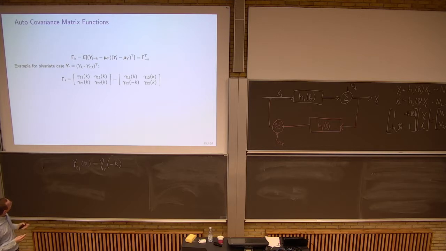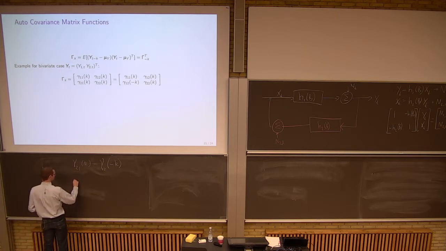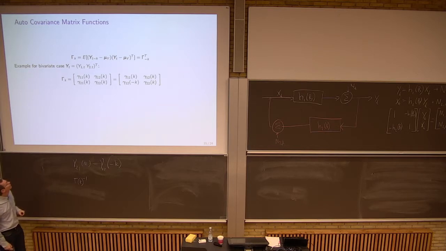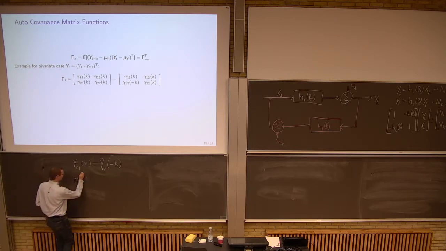But what does that also mean? I want to prove the relation up there. So if I take gamma of k here, and I want to calculate, no, sorry, I want to calculate it for minus k.